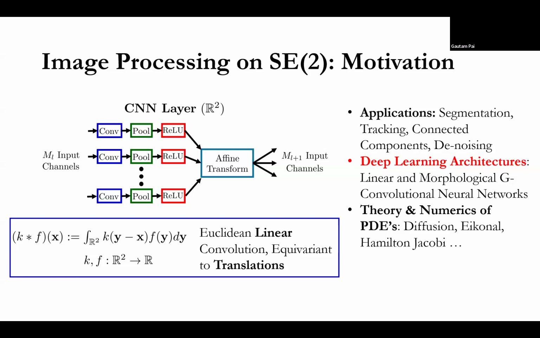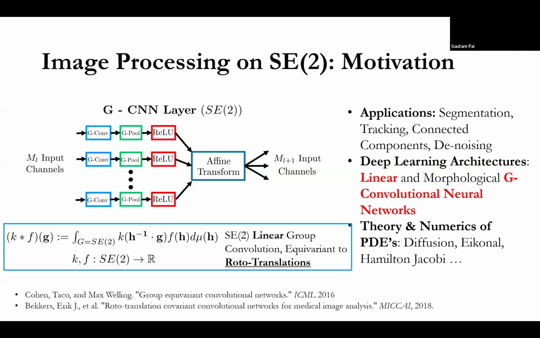This idea can be generalized and written in a general setup for general transformations, to linear group convolutions. Specifically, when we talk about the roto-translation group SE2, you can write down an SE2 linear group convolution by defining a kernel on this lifted domain, applying what I call a left action, shifting it to the corresponding location by roto-translating that kernel there, and then taking an inner product.